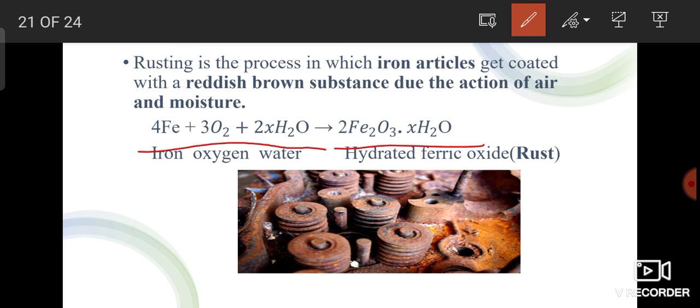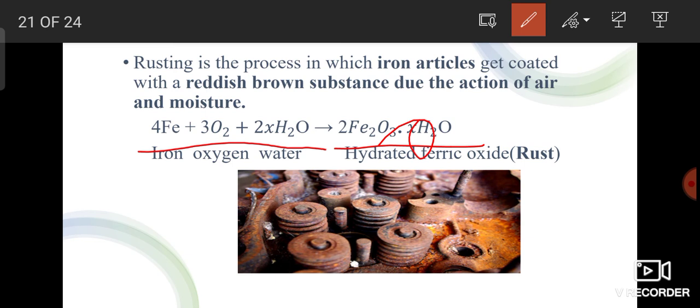Now why is it XH2O? Because the number of water molecules which will be chemically bonded to ferric oxide is not actually a fixed number. That is why we have written XH2O over here. Okay, so this is hydrated ferric oxide. Why hydrated? Because some molecules of water are chemically bonded to this ferric oxide, that is why it is hydrated ferric oxide.